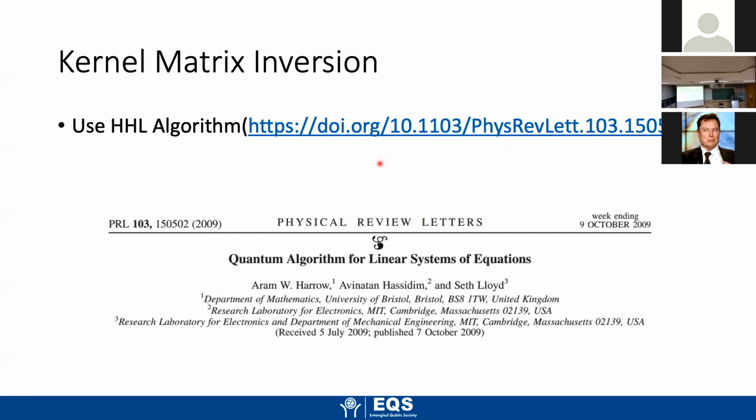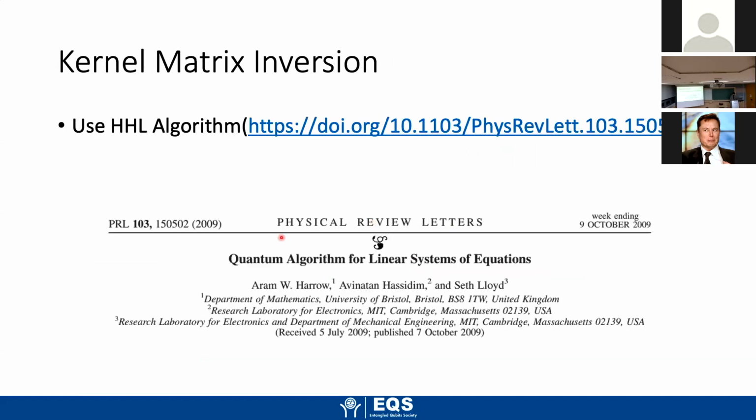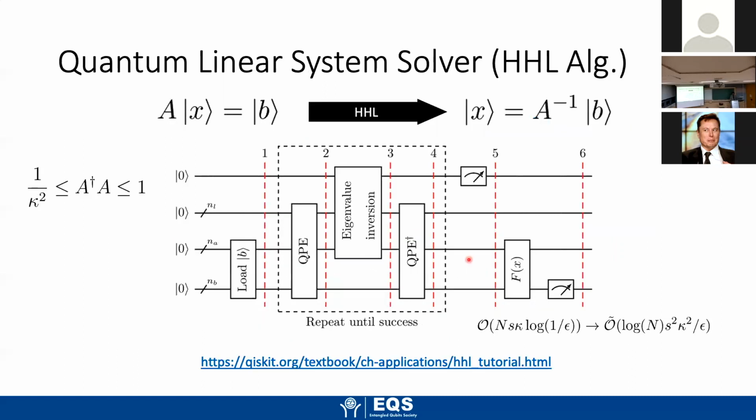We can just use the HHL algorithm. This paper. So a funny thing about this is it's actually a linear solver algorithm, but people call it HHL because of Harrow, Hassidim, and Lloyd, the first letters of their names. Okay, I'm not going into details about the HHL algorithm, but I will briefly explain.